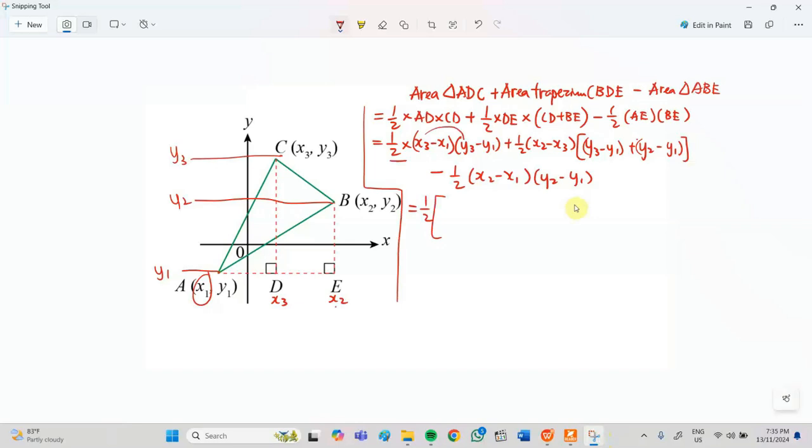Then x3 times y3 gives x3 y3, and x3 times negative y1 gives minus x3 y1.